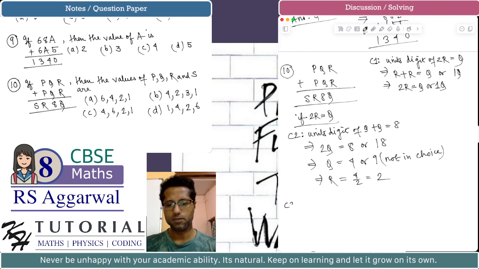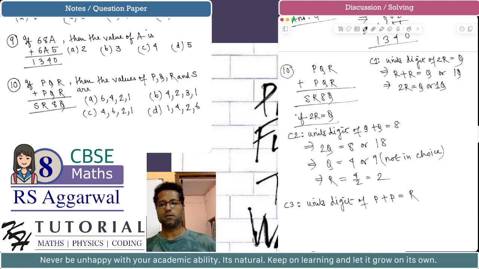So let's see what will be the addition for column 3. We have the units digit of p plus p is equal to r, which we have already found to be 2. So this implies p plus p can be equal to 2 or 12.